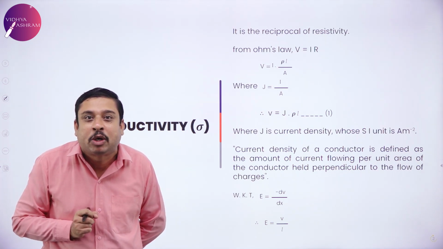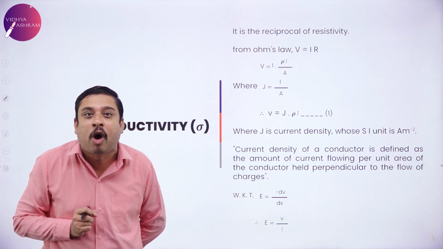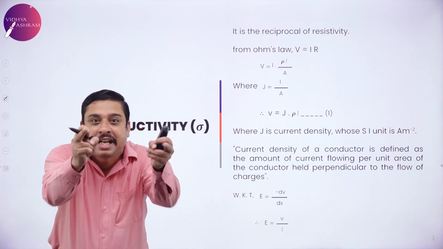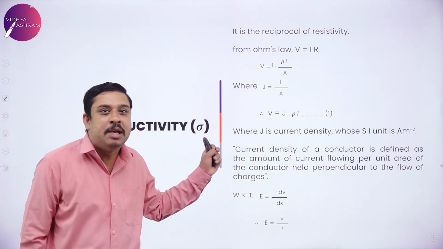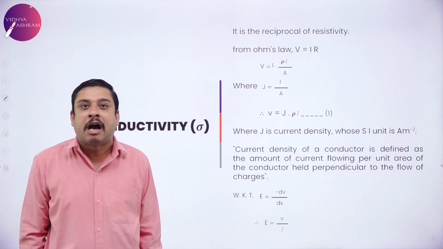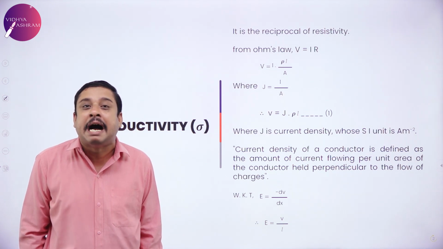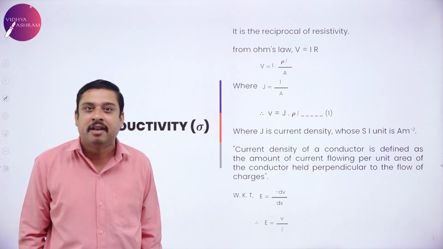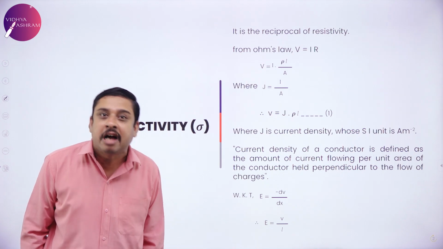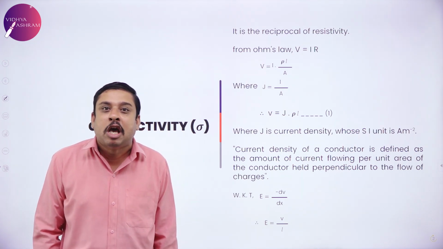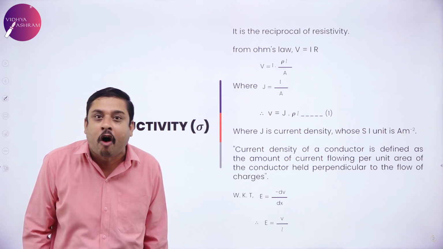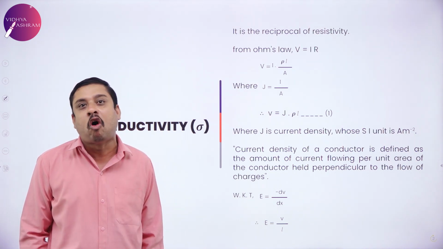V equals I into R. That is its mathematical form. Today I shall be discussing the concept of conductivity, and through this concept I will be arriving at the alternative form of Ohm's law.